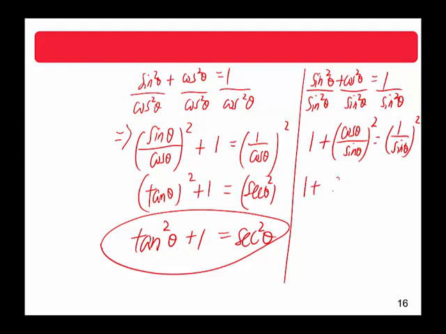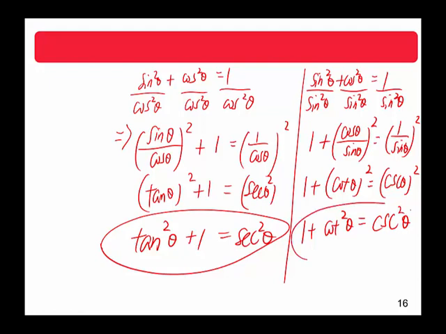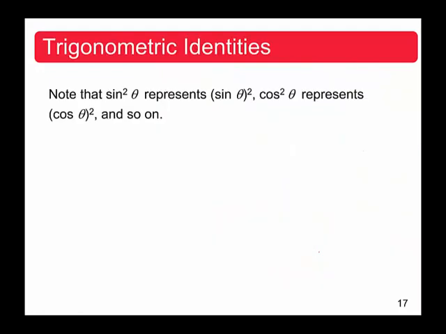Cosine theta over sine theta is cotangent theta, squared. 1 over sine theta is cosecant theta, squared. So you have the third one, 1 plus cotangent theta squared equal to cosecant theta squared. And that's how you prove these three Pythagorean identities.